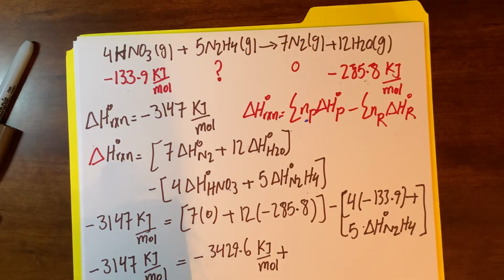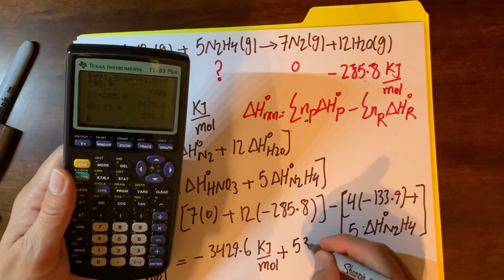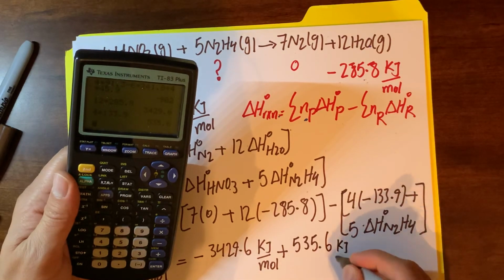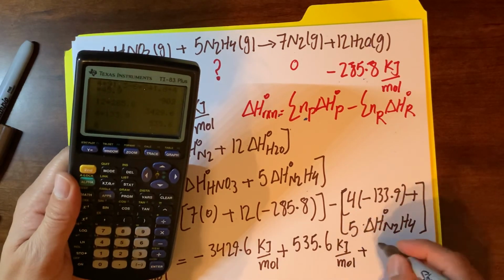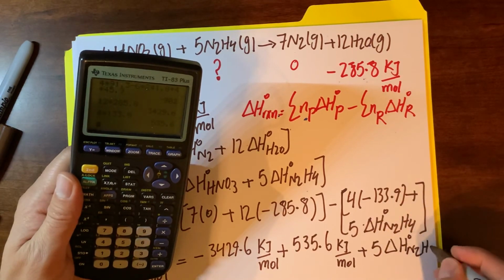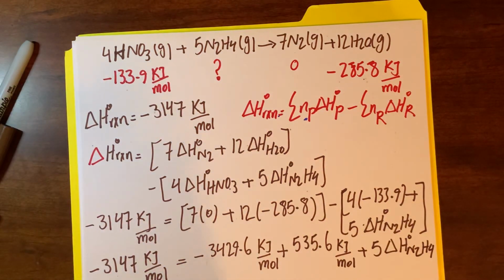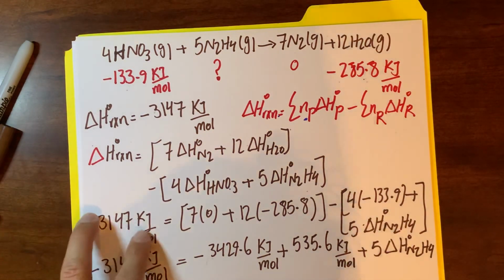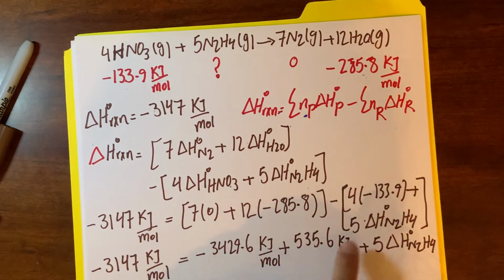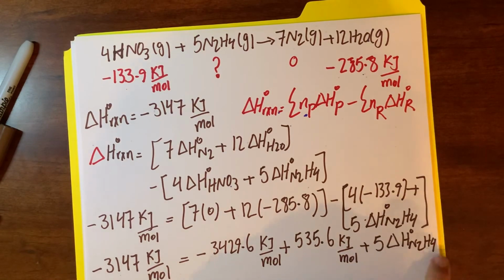So 4 multiplied 133.9, 535.6 kilojoule over mole plus 5 multiplied delta H of N2H4. Okay. So I have the left side, the right side I multiply those two. I wrote it here, and then minus to minus is positive, and here is positive. I wrote it, and I have 5 delta H of N2H4.